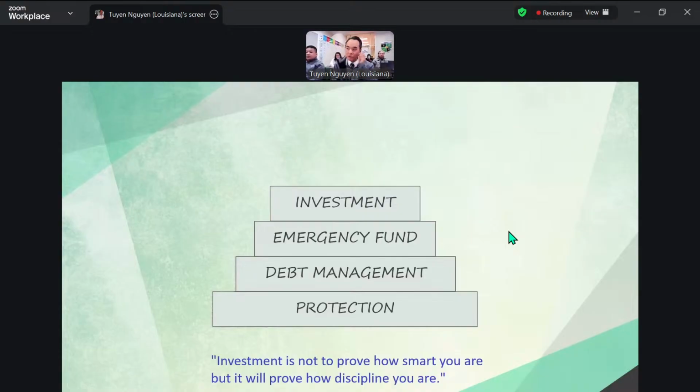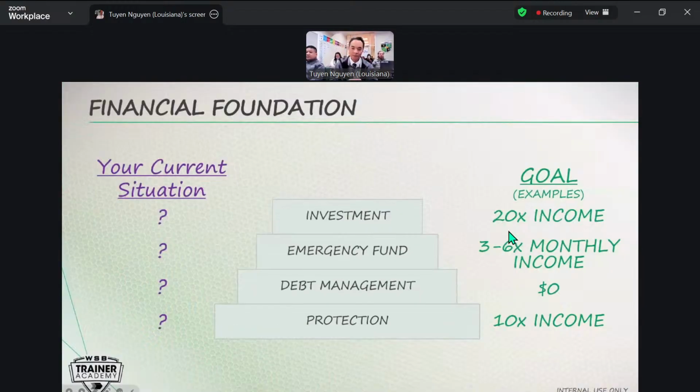So let me leave you with this. A strong financial foundation is not based on luck. It's built by order. You've got to build it right. The good news is that it does not matter where you are in life financially right now.